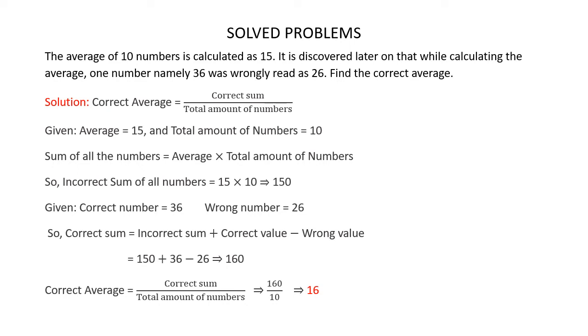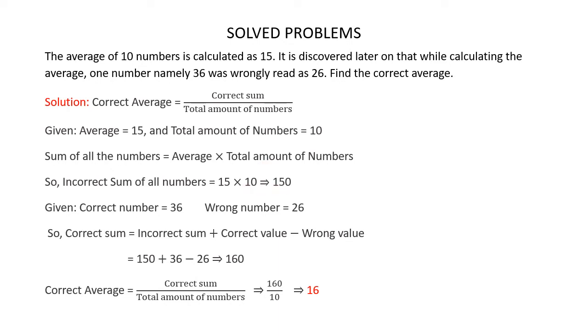Now it's given that average is 15 and total amount of numbers is 10. We know that sum of all the numbers is equal to average multiplied by total amount of numbers. This is 15 multiplied by 10, which is 150.